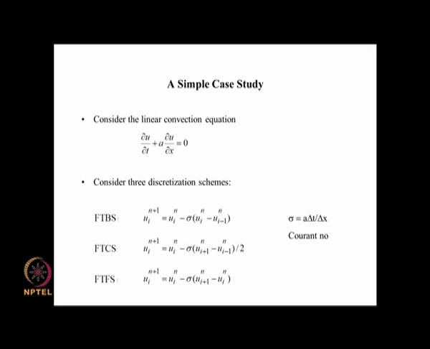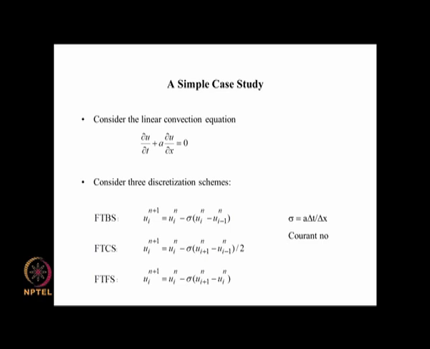And so what we are going to do in the next module is a proper analysis of the discretization that we obtain from these kinds of differencing schemes, and then we see under what conditions we can get a proper solution.